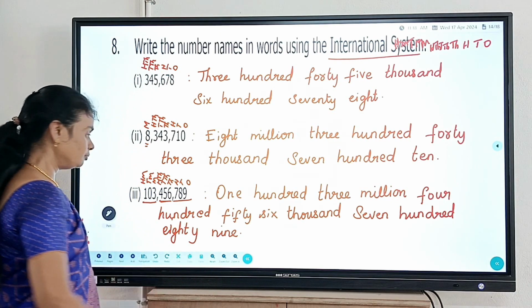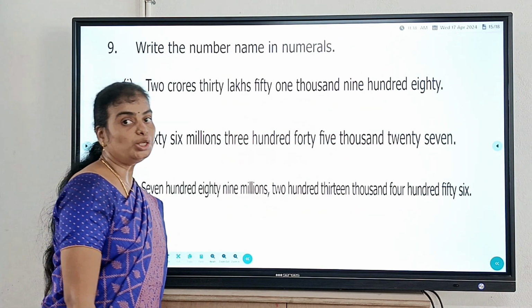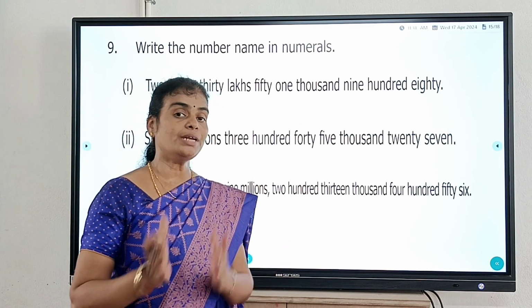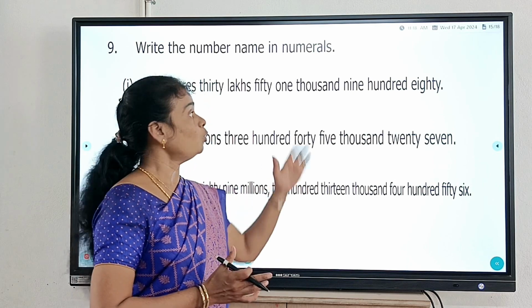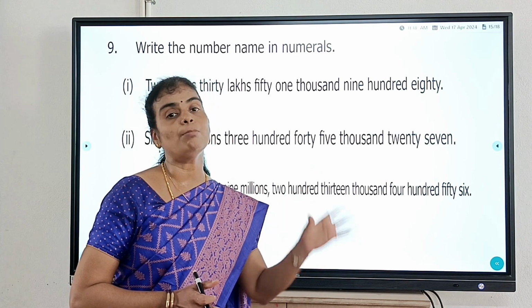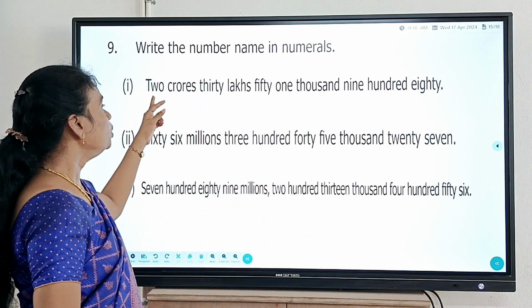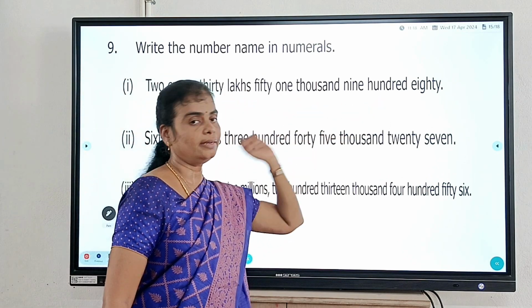Clear? The next one, write the number name in numerals. In the previous sum, a number was given and you were asked to write it in the number name form. Now the number name is already given and you are supposed to write the number for that particular number name. So the first one, 2 crores 30 lakhs 51,980.